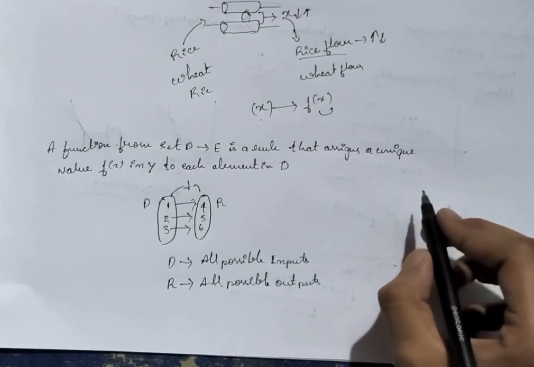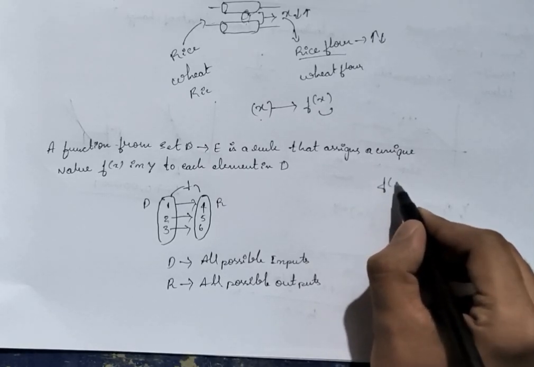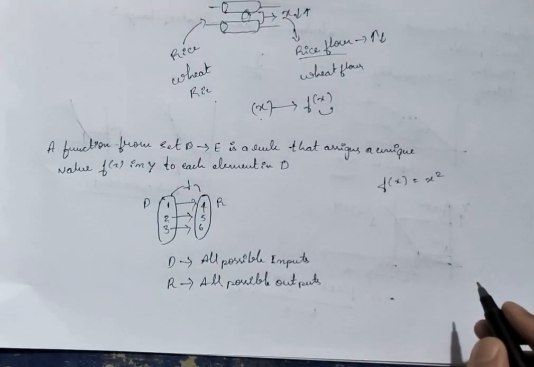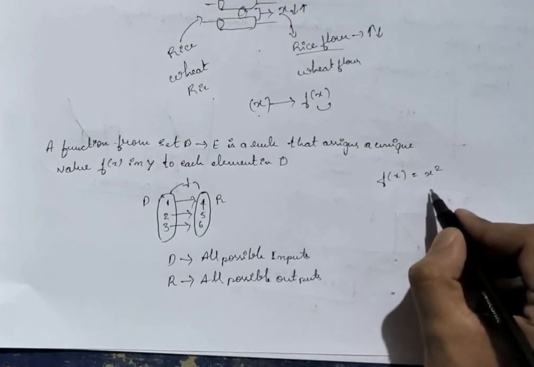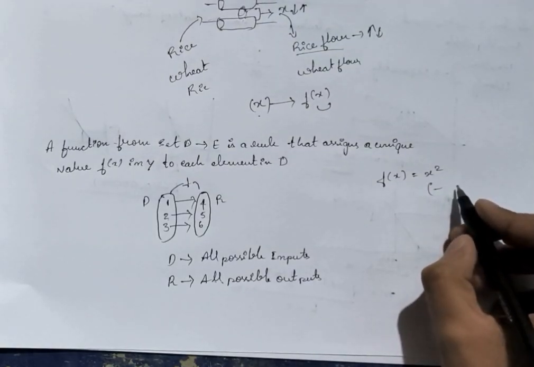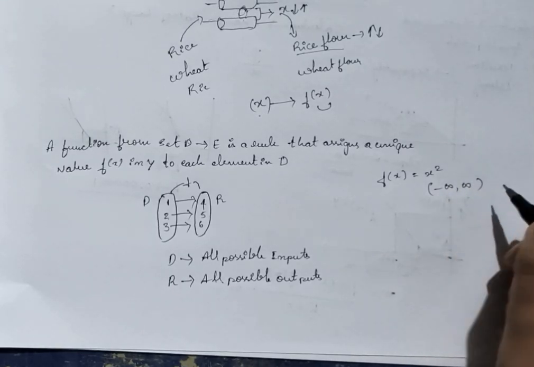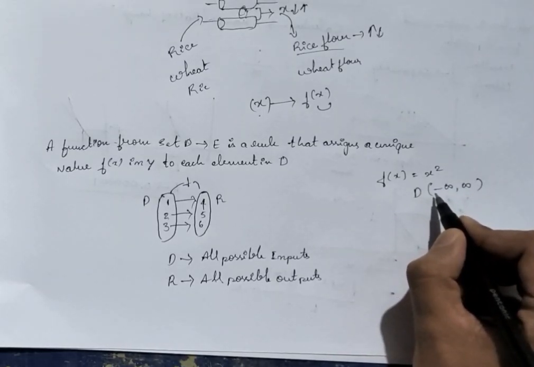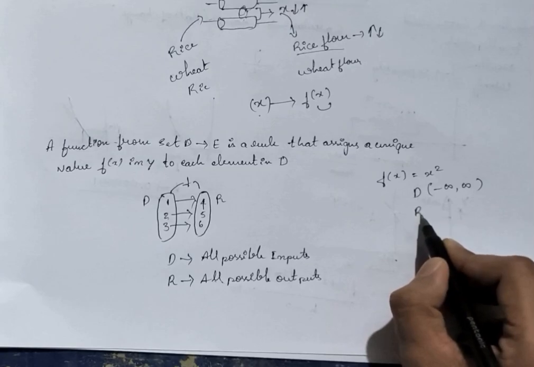So here what is domain? Consider function f of x is equal to x square. What inputs can we give? We can give all the real numbers from negative infinity to positive infinity. This is domain, we represent it like this. What are all the outputs? They are in range.